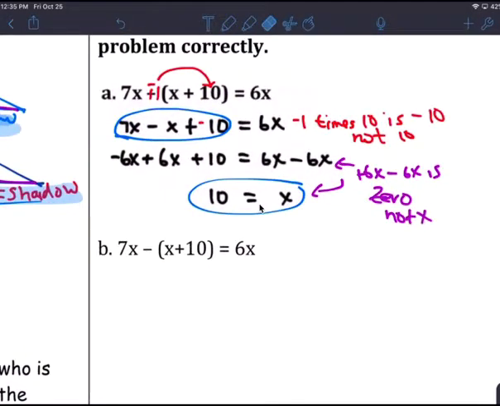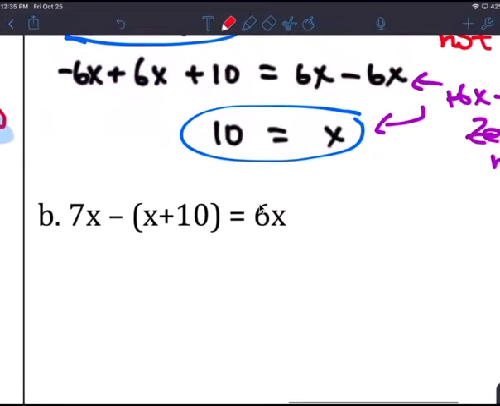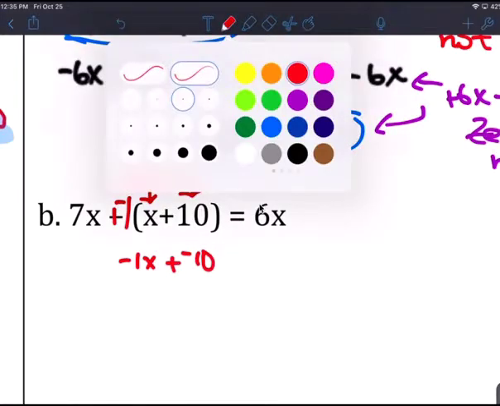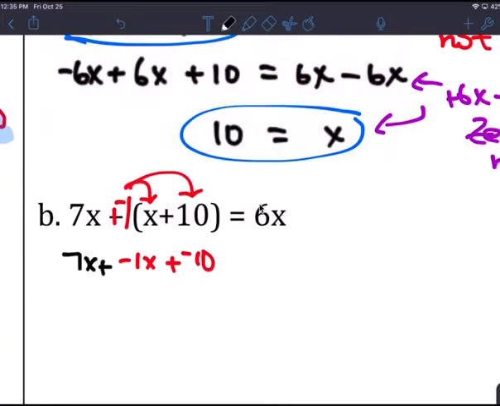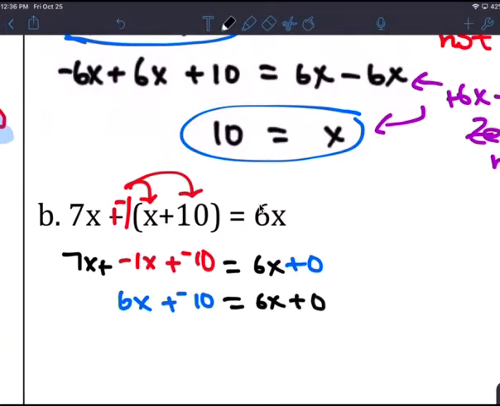And additive inverse here, plus a -1, distribute, -1x, distribute, that's a -10. Okay, and then bring down the 7x plus the 0 there. 6x plus a -10 equals 6x plus 0.